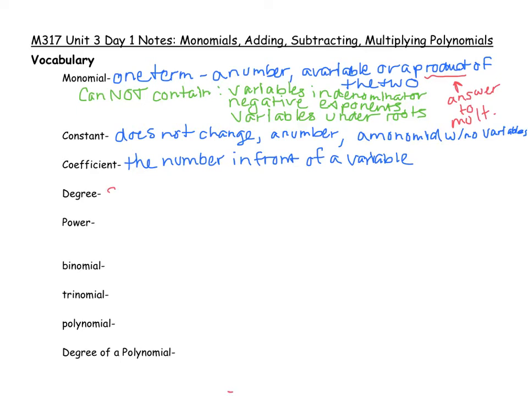It's the sum of the exponents of its variables. Again, keep in mind that that word sum means add them together. If it was a constant, the degree would be 0.